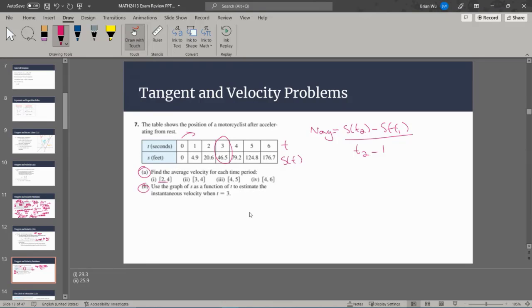So an example would be 29.3 feet per second. And for this one, it would be 25.9 feet per second. Oh, yeah, sorry, T1. So you could probably estimate around to be between these values.